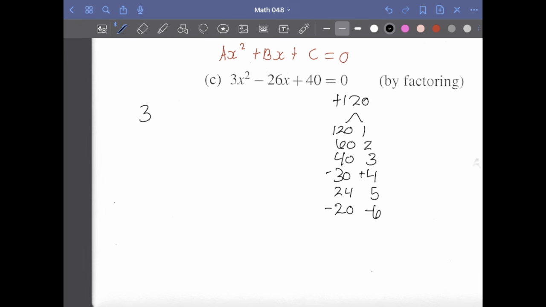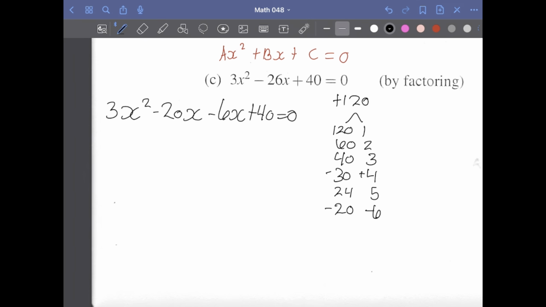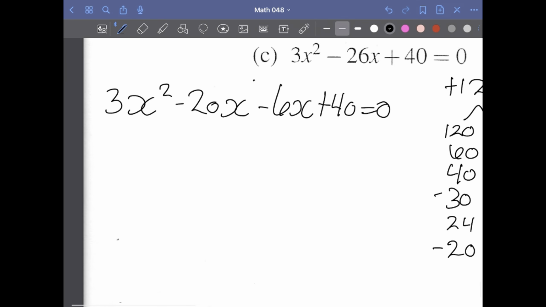So now we have 3x squared minus 20x minus 6x plus 40 is equal to 0. Let's bring this over because we need space. We're going to cut this in half. x is common in both, so I'm going to factor out x.